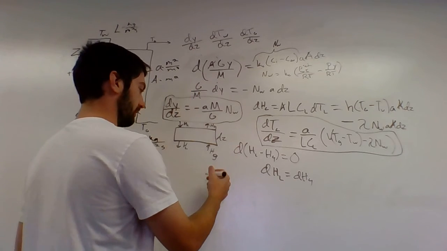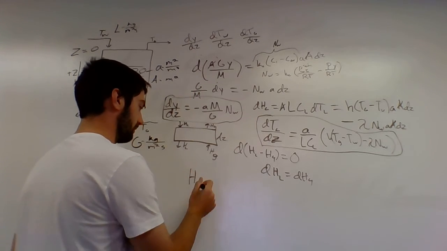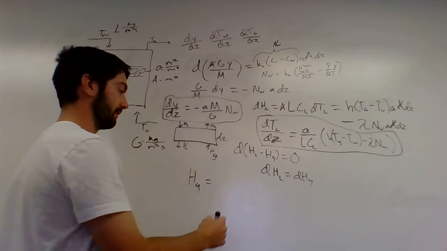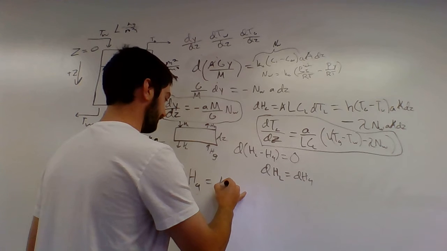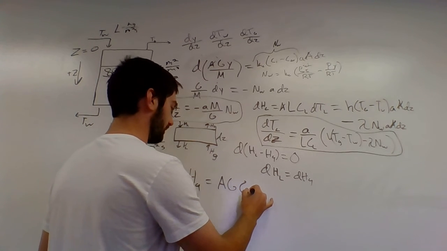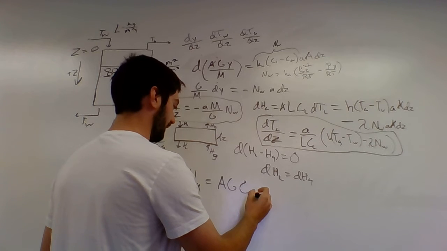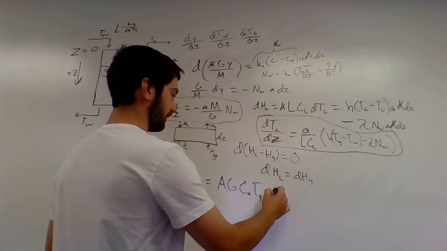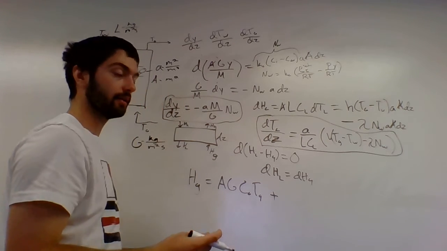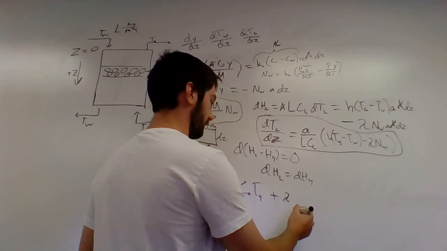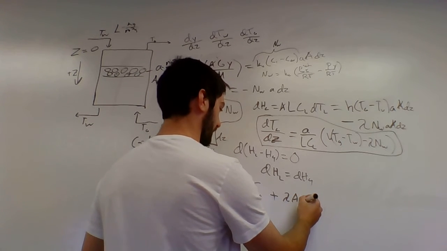So if we want to think about the enthalpy of the gas, similar to the liquid, we have this area times the gas flow rate times the specific heat of the gas times the temperature of the gas. Then this time we have added the heat of vaporization, so we have lambda for the heat of vaporization, and again we have area times gas flow rate.